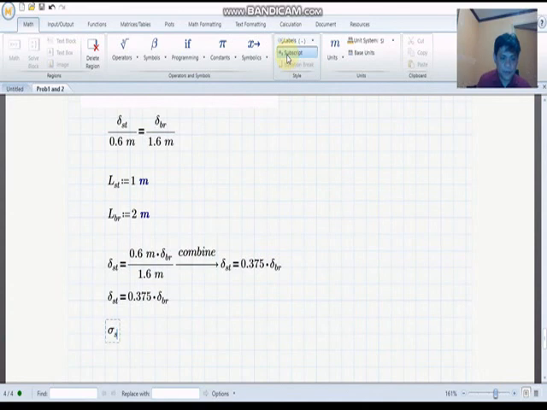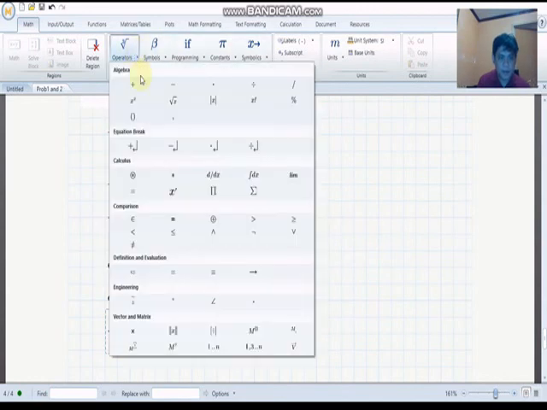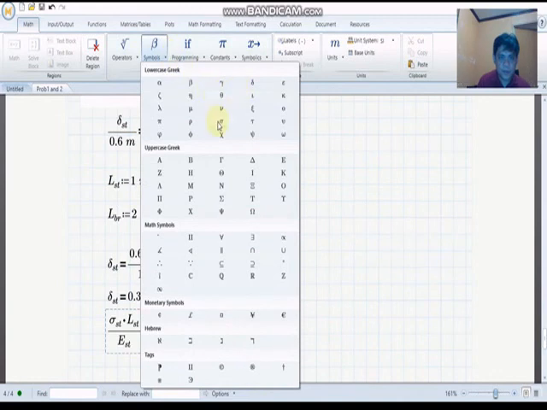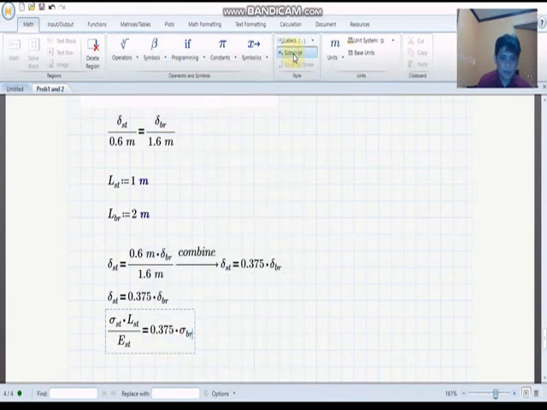Stress in steel times the length of the steel divided by the modulus of elasticity for steel equals 0.375 times the stress of the bronze times the length of the bronze divided by modulus of elasticity of the bronze.